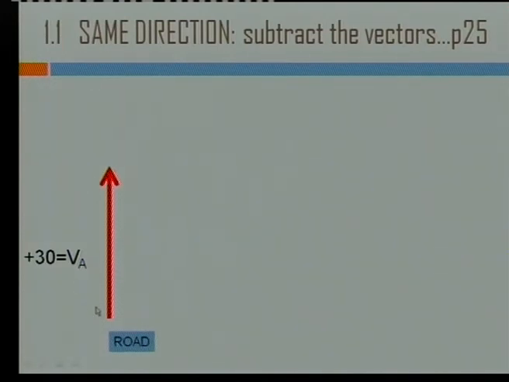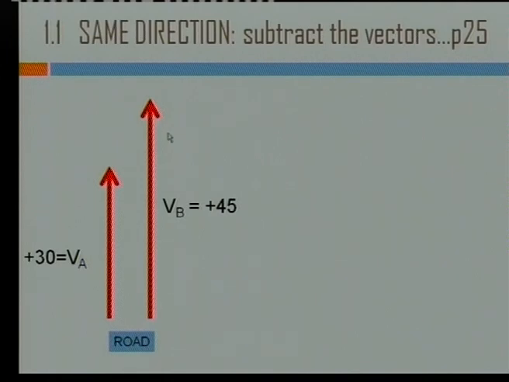It's a car traveling on a road, and we call it vector A. There is a second car which is also traveling due north with a velocity of 45 meters per second, and we call this vector B.